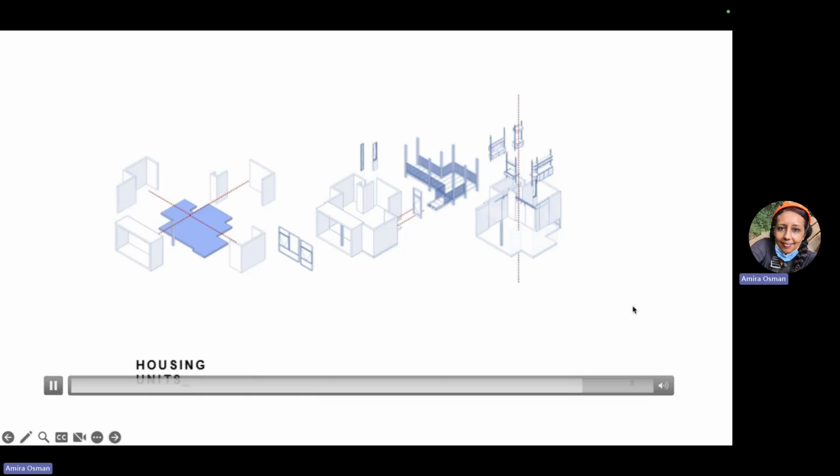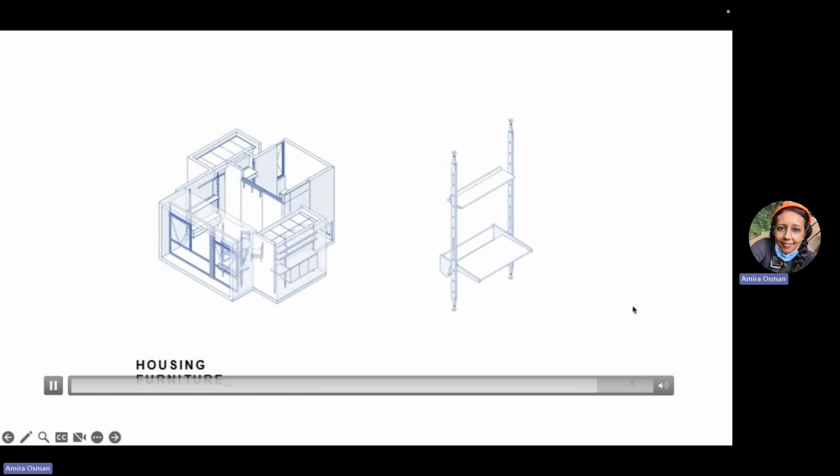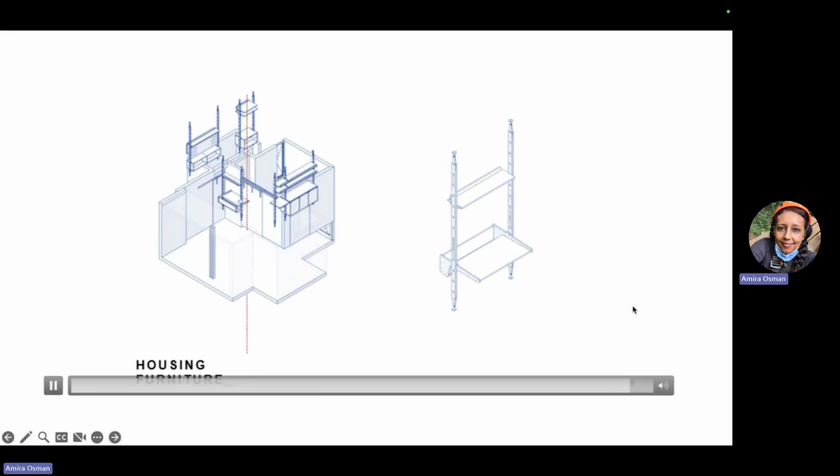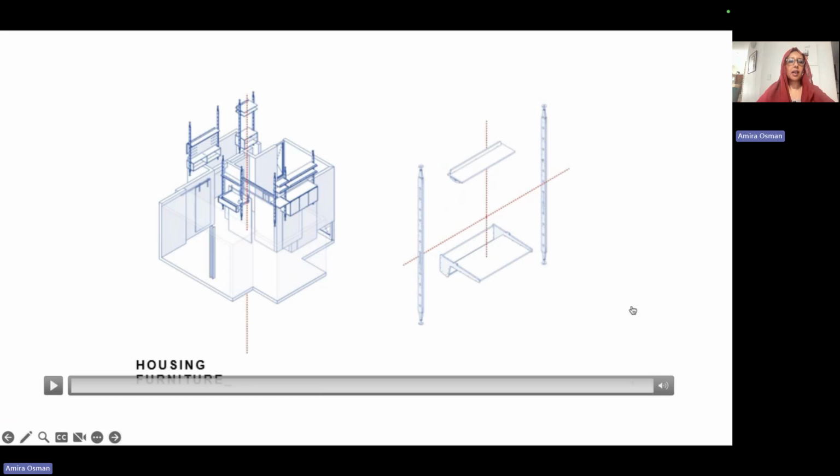So while this is not classified by the architect as an open building project, it is very much applying the thinking of open building in the project.